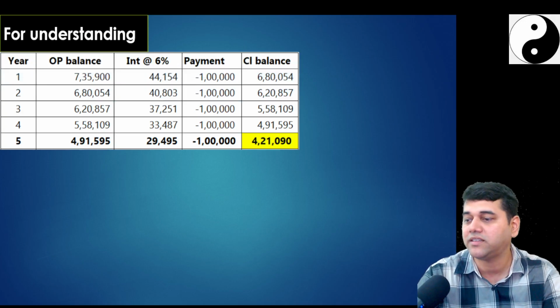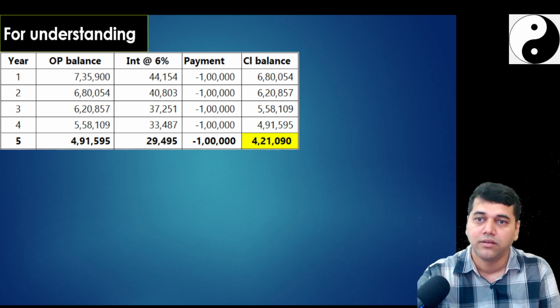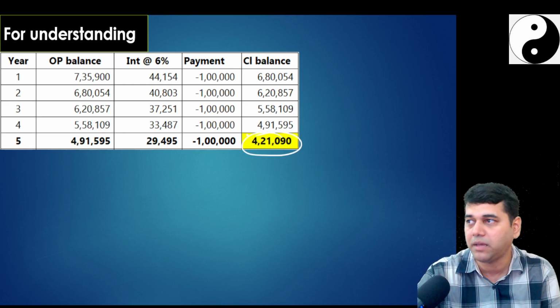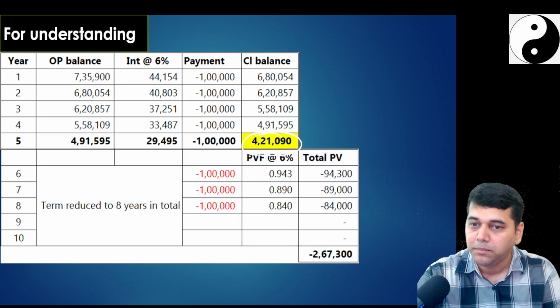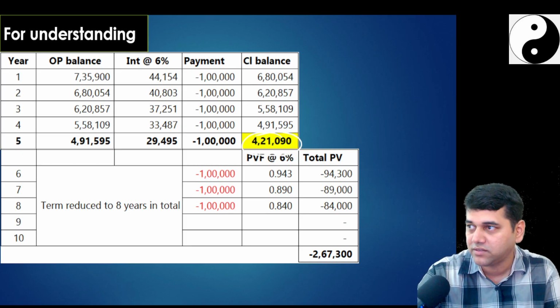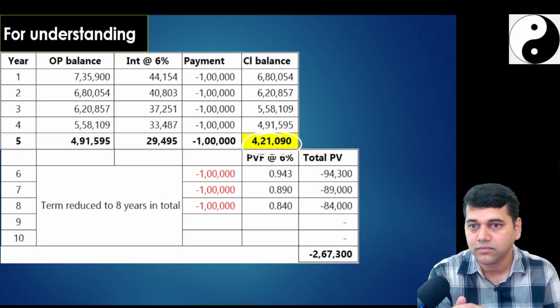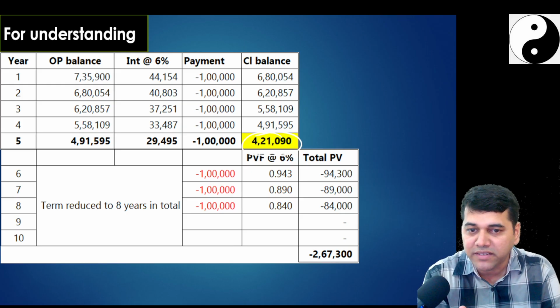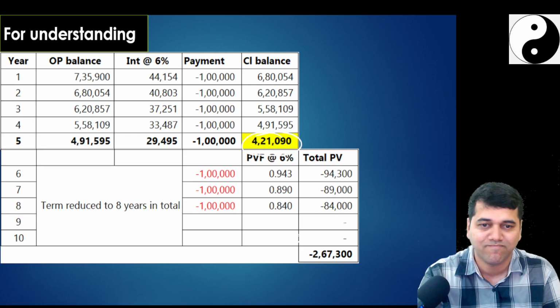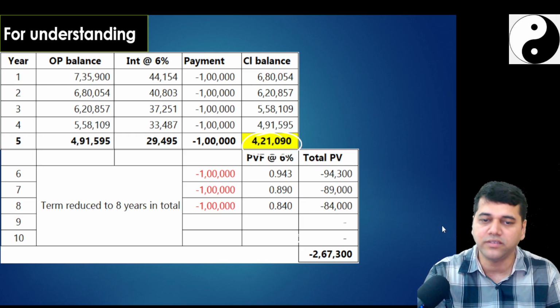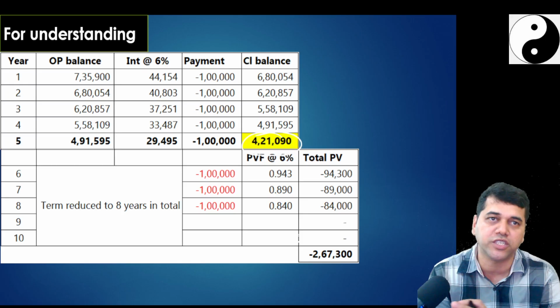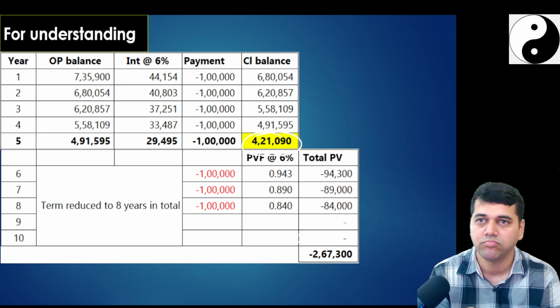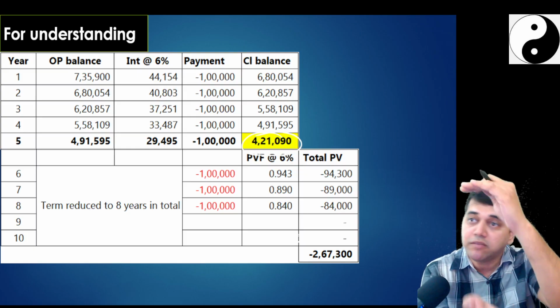Now let us understand the calculation. See, I told you in the previous question, we got this 4,21,090 by preparing the amortization schedule. Previously, it was all 5 years and it got reduced. But going forward, what happened? The term itself reduced, no. So since the term itself reduced, I can't apply that 50%, 40% logic here, because previously the term was the same.